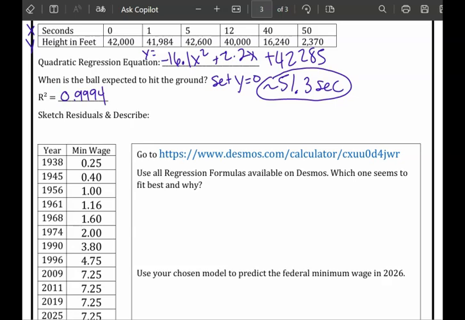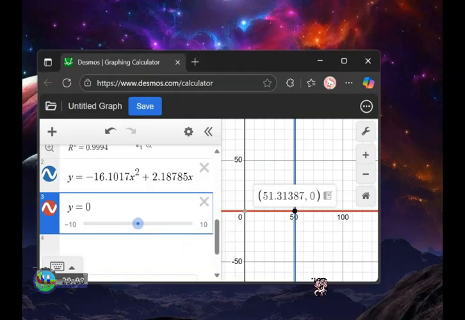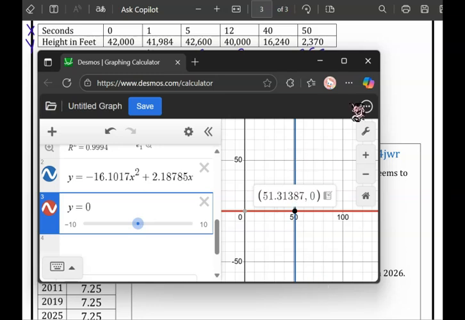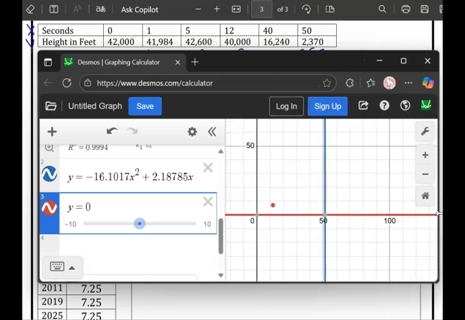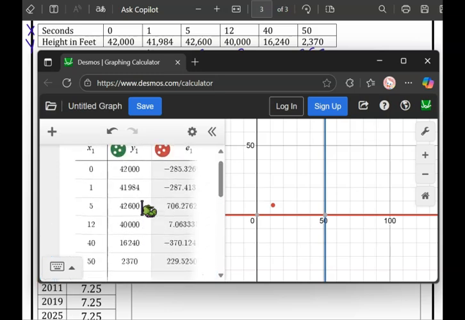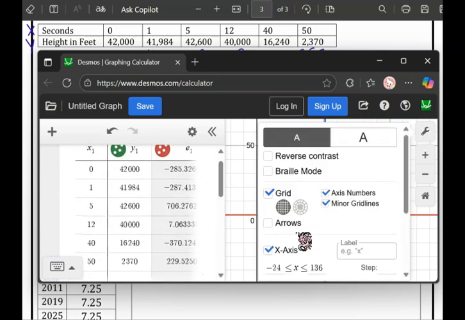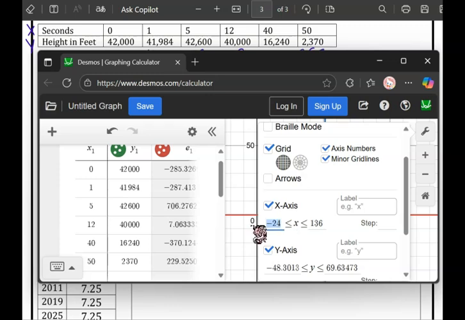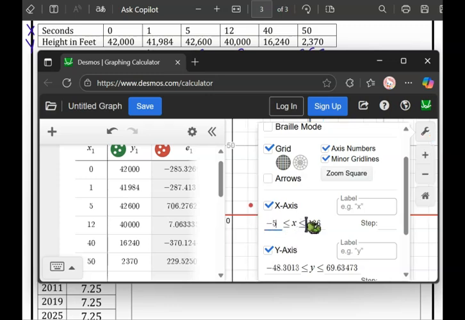And then let's sketch a residual graph and describe it. Let's go ahead and have a window that will show the residual plots. Looks like we want x to be between about, let's say, -5 and 60.